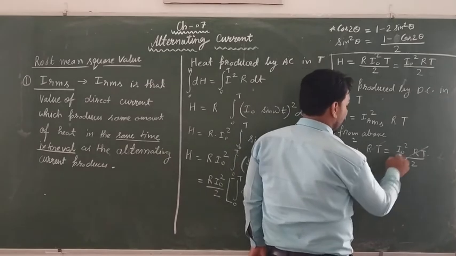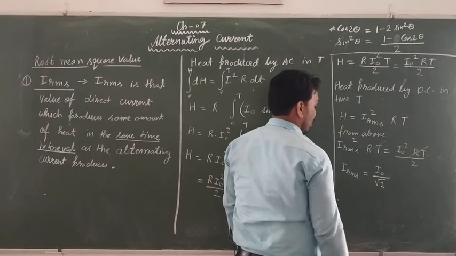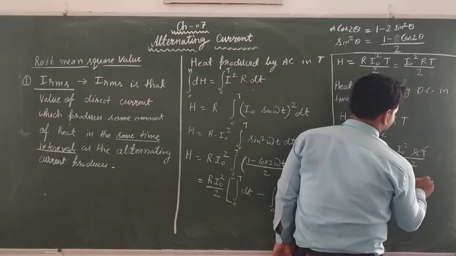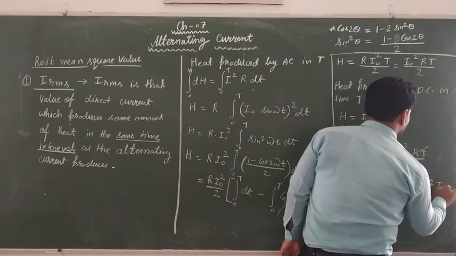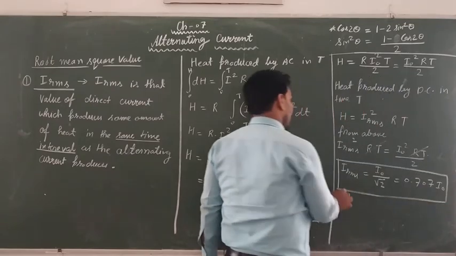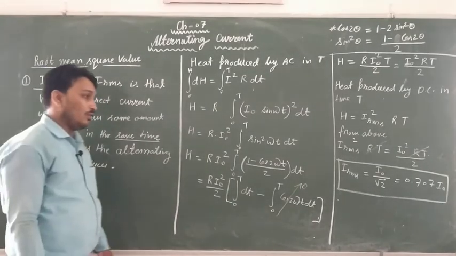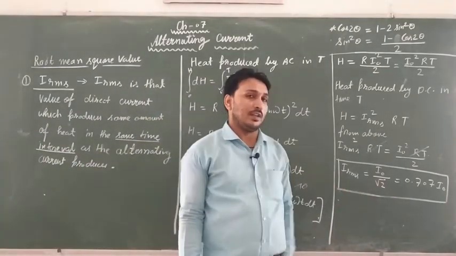I am taking the square root: square root of I₀² is I₀, and square root of 2 remains, which can further be written as 0.707 into I₀. If you solve that, you will get the result. Is it clear? So this is how we calculate the RMS value, and this is the value which is being referred to all the time.